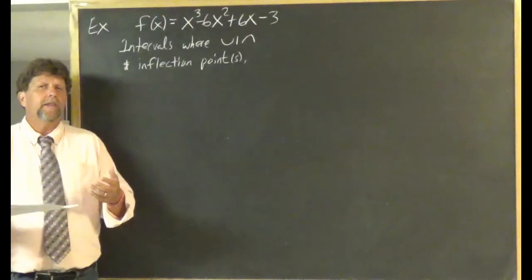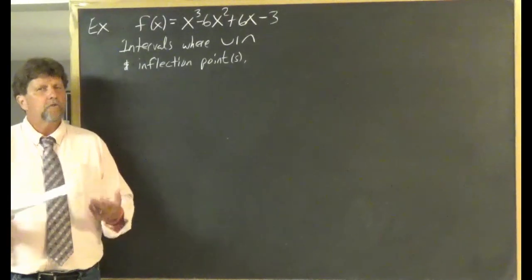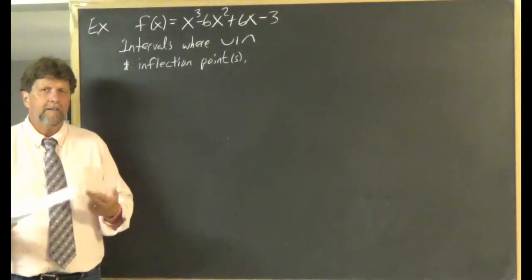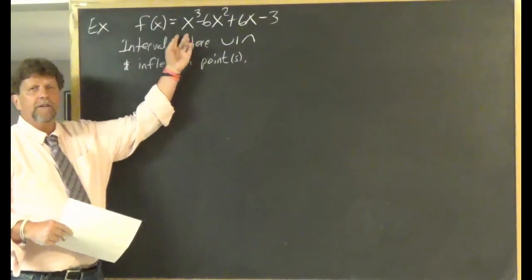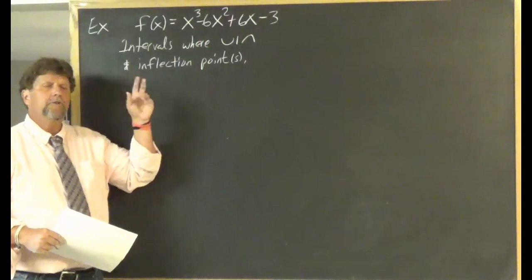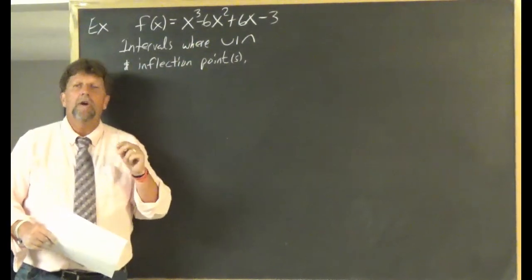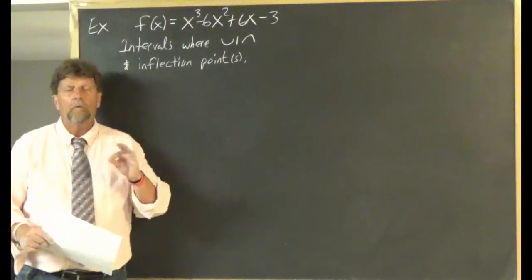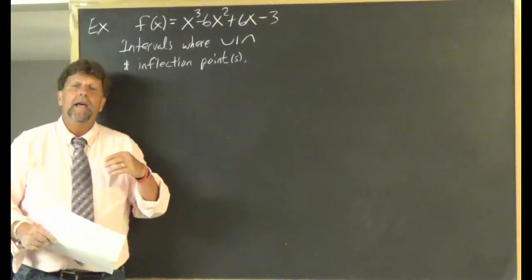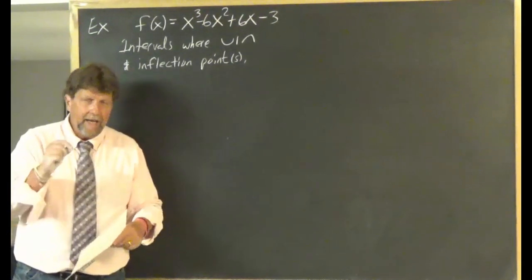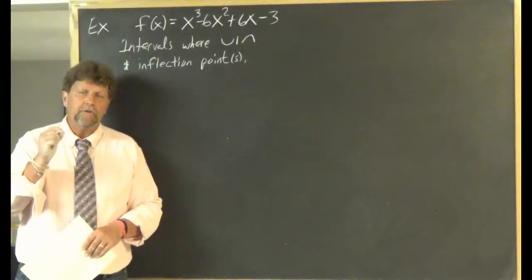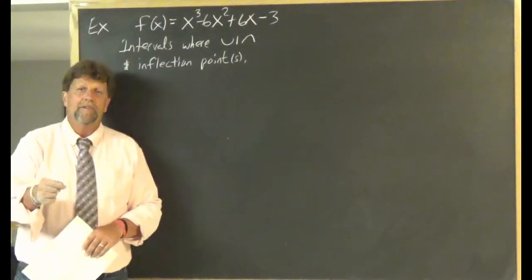All right, we just saw that a point where a graph changes its concavity is called an inflection point. So in this example, for this function, we were asked to determine intervals where the graph is concave up, where it's concave down, and to locate any inflection points. Remember, the concavity question requires you to determine the second derivative.